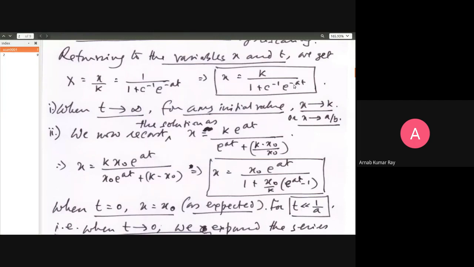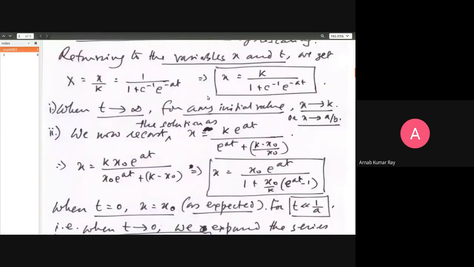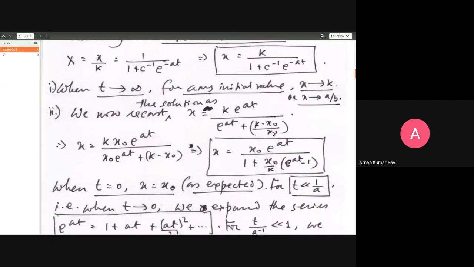You have e raised to minus at in the denominator here. Multiply both the numerator and the denominator with e raised to plus at. So this will be k into e raised to plus at divided by 1 into e raised to plus at will be this, and this part will cancel. And c raised to minus 1 from here will be k minus x naught divided by x naught.